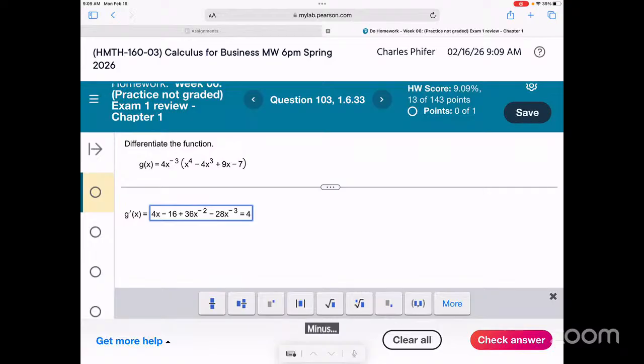Minus 72 x to the power of what, negative 3? 60 and 24 is 84, so plus 84 x to the minus 4. Okay, so I'm going to go with this result.